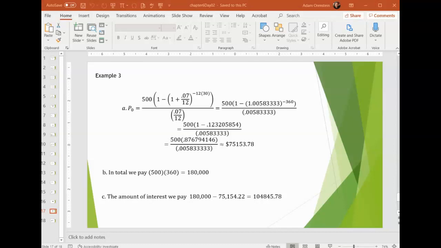And then in parentheses, we have 1 plus 0.07 divided by 12, which is 1 plus 0.00583333, so 1.00583333.